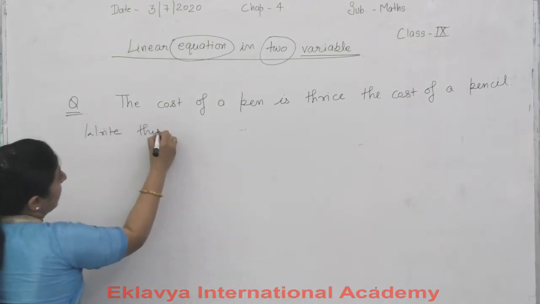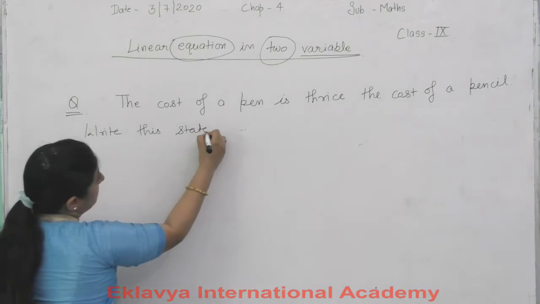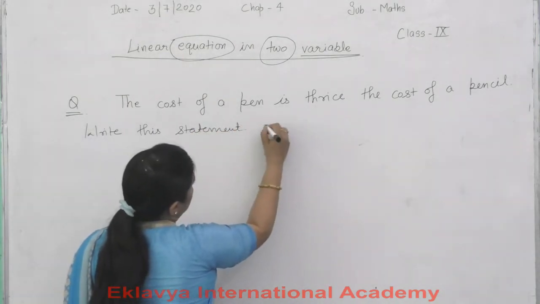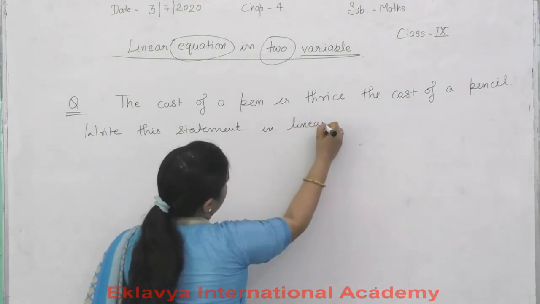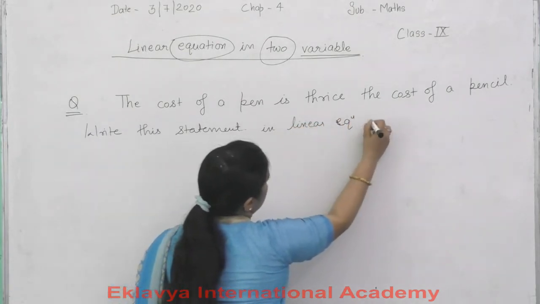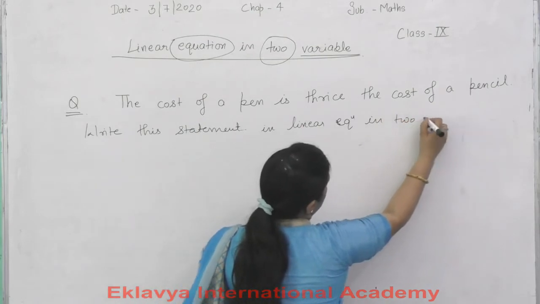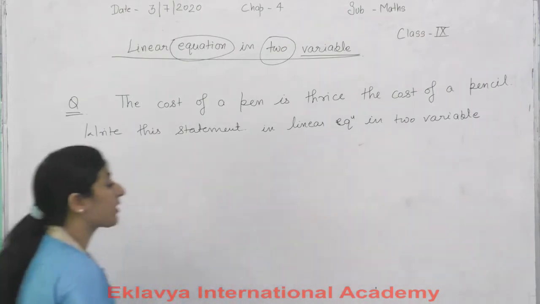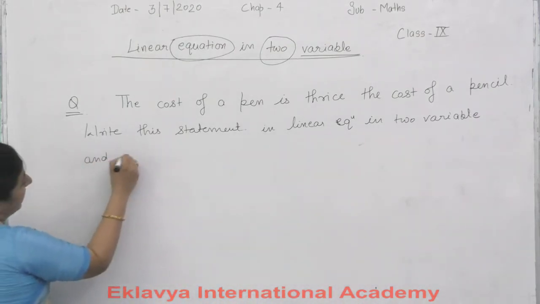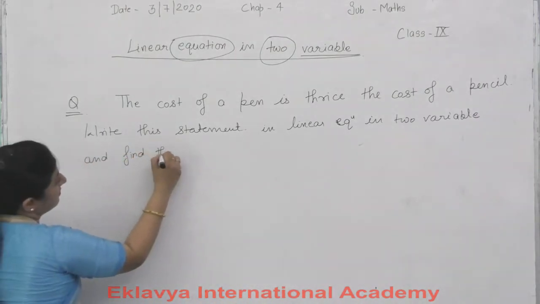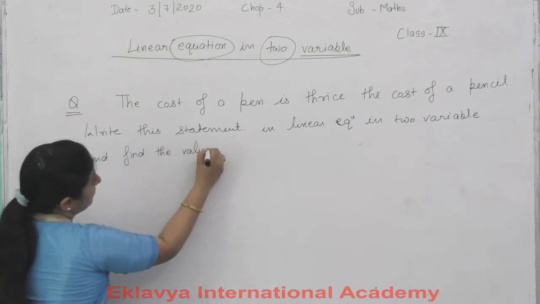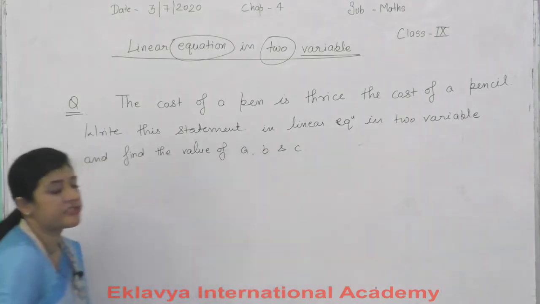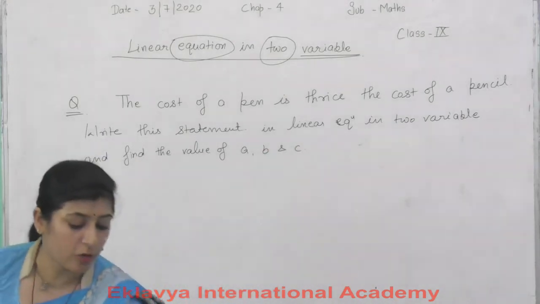Write this statement in a linear equation in two variables and find the values of a, b and c from our statement. Now check how to solve it.